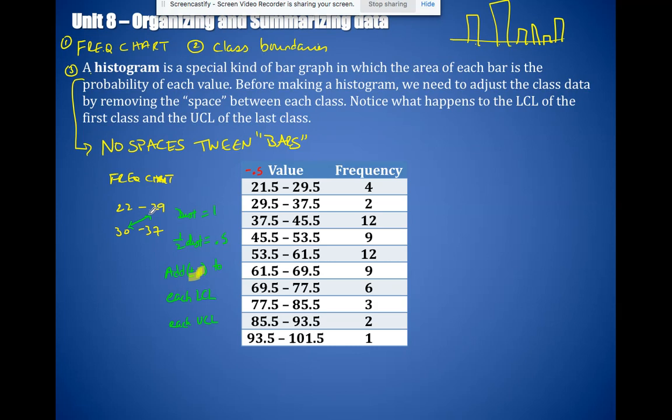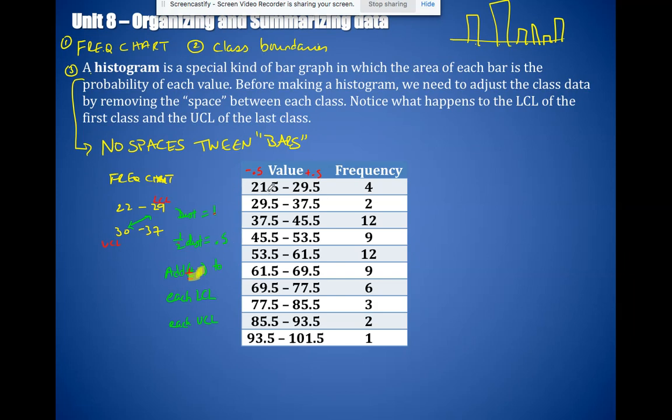Took the distance between my original LCL and the next UCL. I took that distance, which was 1, always cut it in half. Now do plus or minus. Do minus to the LCLs and plus to the UCLs. That closes your gaps.